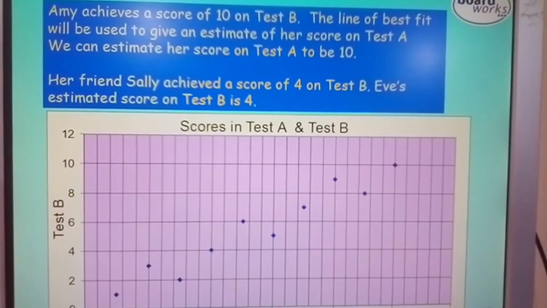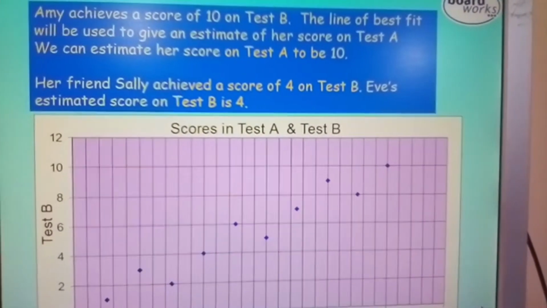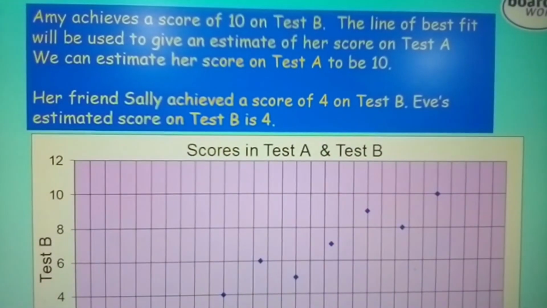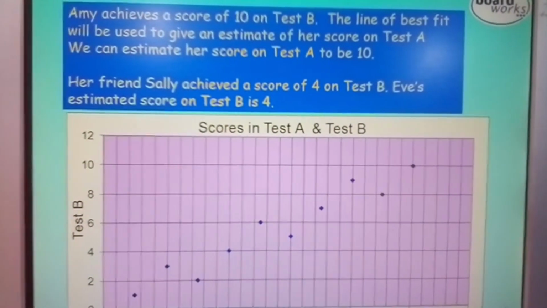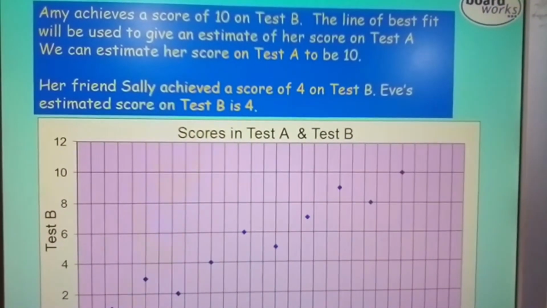And again, Amy achieves a score of 10 on test B. The line of best fit will be used to give an estimate. So again, don't need me to do much on this. Just do some groundwork for yourselves.